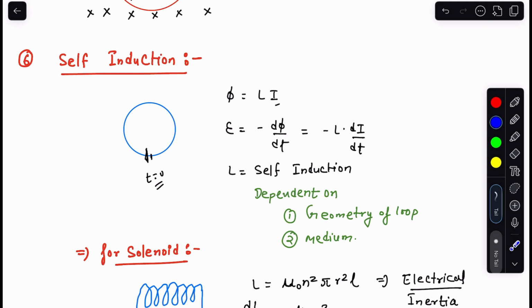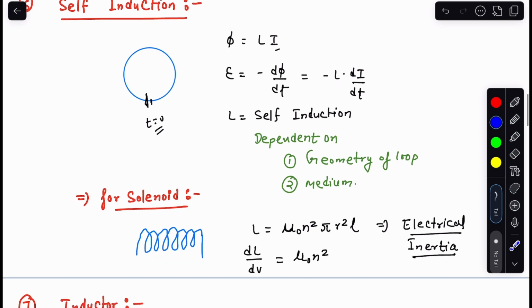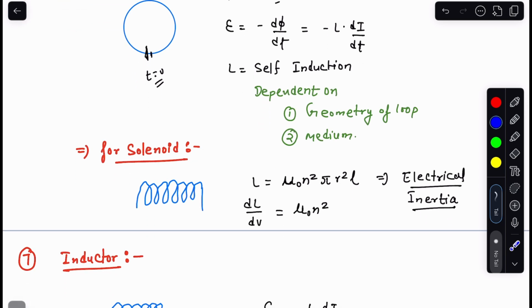What happens when you try to establish a current? There is an opposition, and this opposition depends on the geometry of the loop and on the medium. And this is the formula, E equals minus L di by dt, and I have told you how it came about, right?